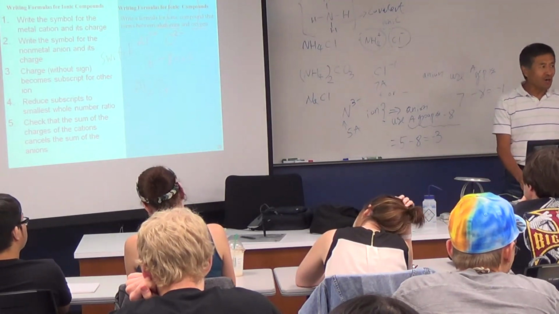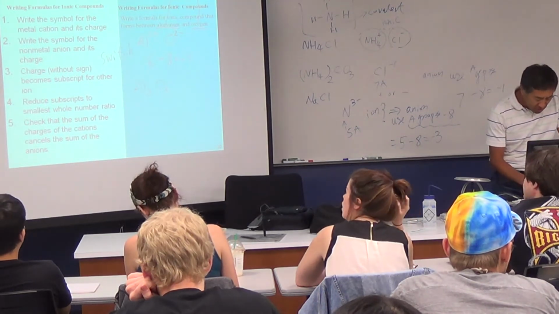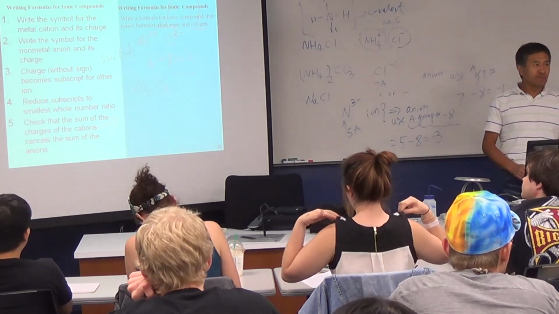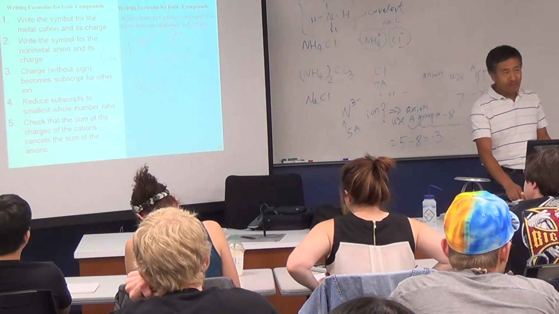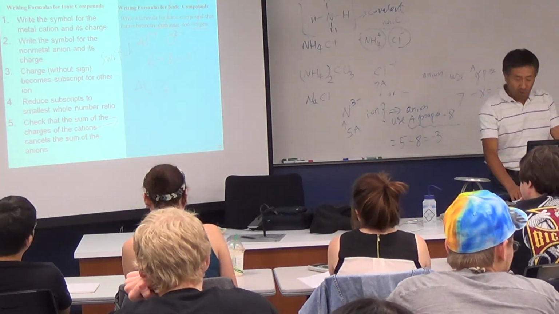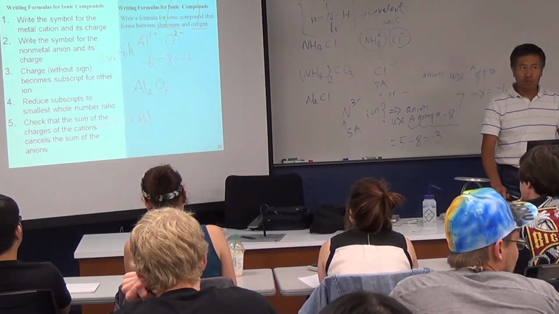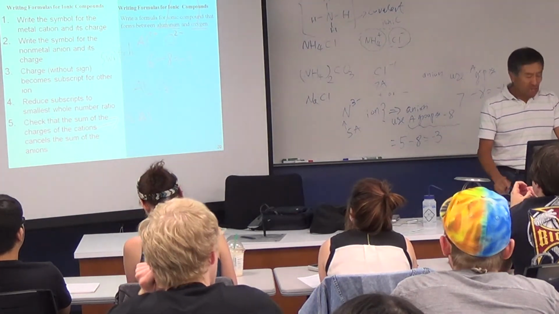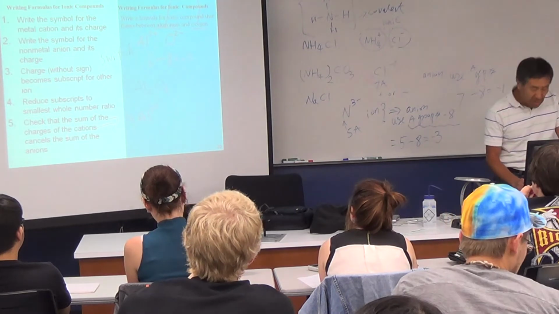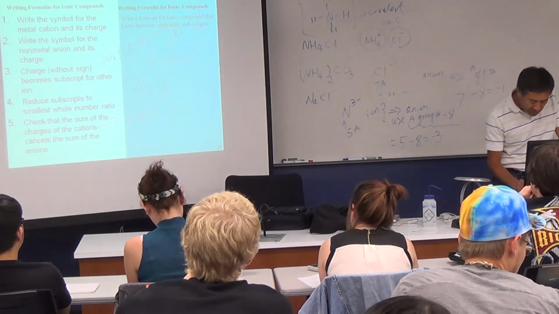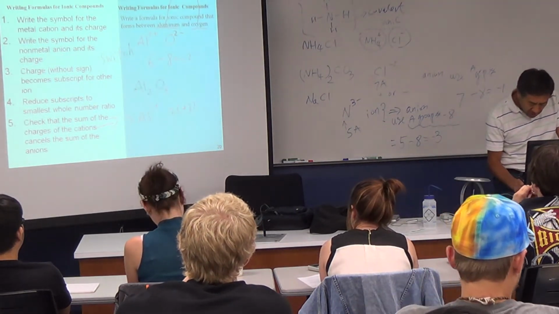Now let's check how you check it. So this step, how do you check it? You will see how many Al do we have? 2 Al. What is the charge of Al? So we put that back, right? So therefore I have 2 times 3 and I get a plus 6.